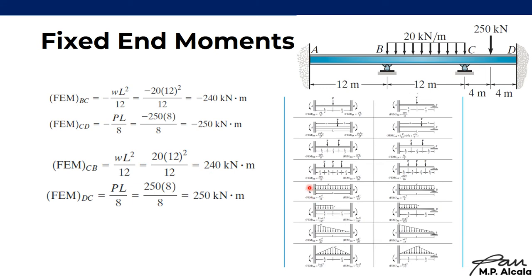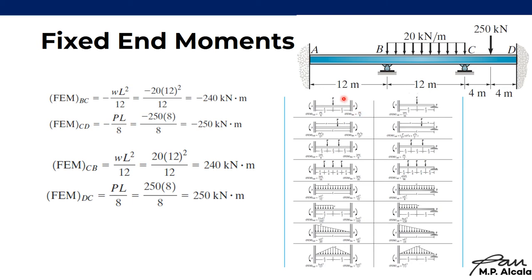Now, FEMCD, what will be this one? You have a single load at 250 kilonewton at the middle. Alright? So that will be PL over 8. Okay? So FEMCD is different from FEMDC. We'll get first the FEMCD, that will be this one.